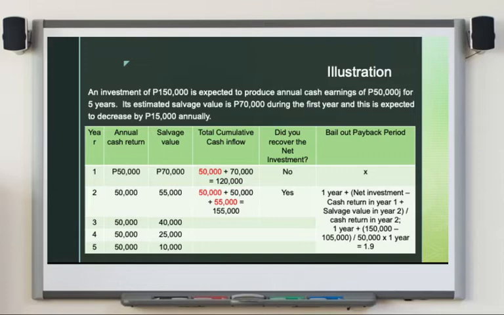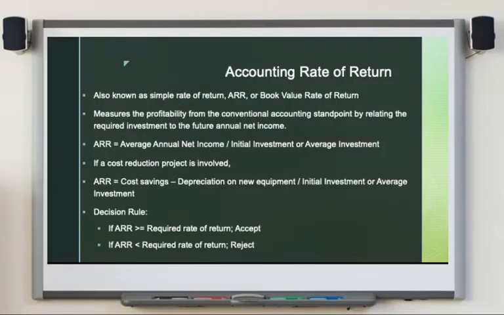Okay, next is accounting rate of return, another tool or technique used in evaluating a project that does not consider the time value of money. Also known as simple rate of return, or ARR, accounting rate of return, or book value rate of return.